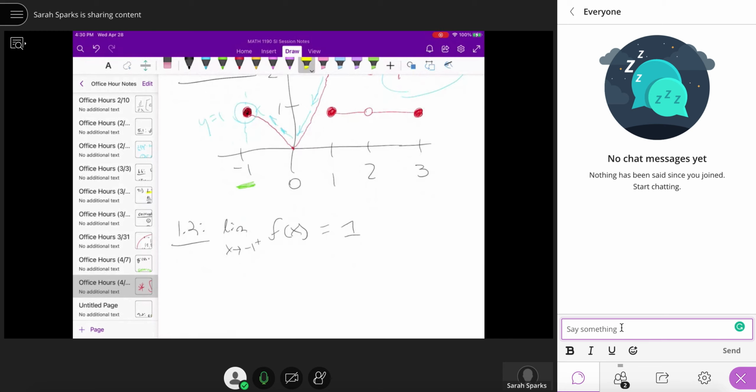Oh, okay. So what the pluses and negatives mean, the plus just means it's coming from the right side. So if the plus is on the right side of the number, that means it's a right-sided limit. So this one is a right-sided limit, and it's because of this plus right there.